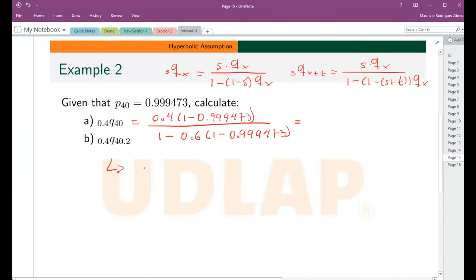And the second one would be this other option, right? So it would be 0.4 of 1 minus 0.999473, 0.6 of 1.